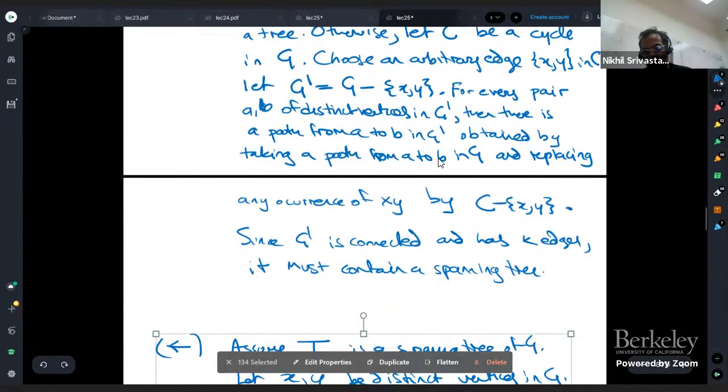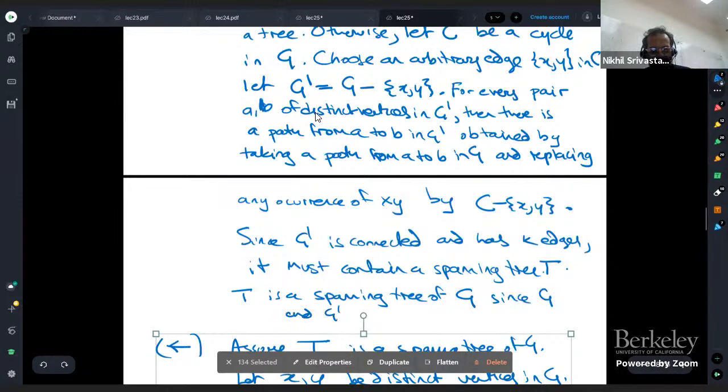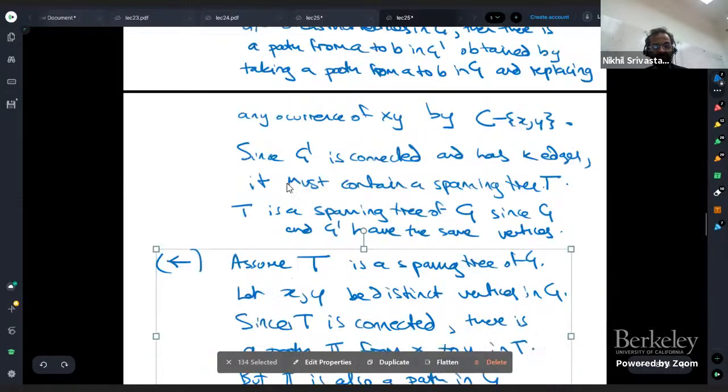But now that tree, T, is a spanning tree of G, since G and G prime have the same vertices. That's it. That's the proof.